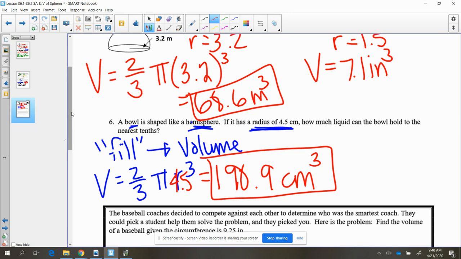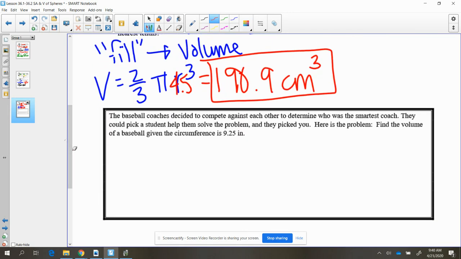In our final example, we are going to talk a little bit about working backwards, because they are talking about the volume of something given the circumference. Well, again, the volume of a baseball or a sphere is 4/3 pi r cubed.